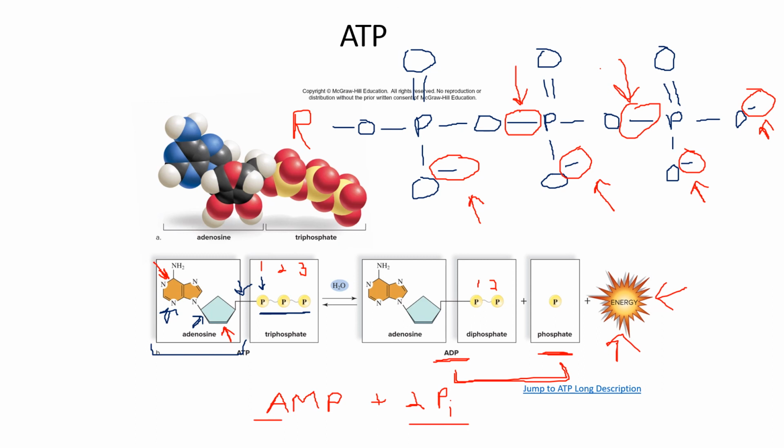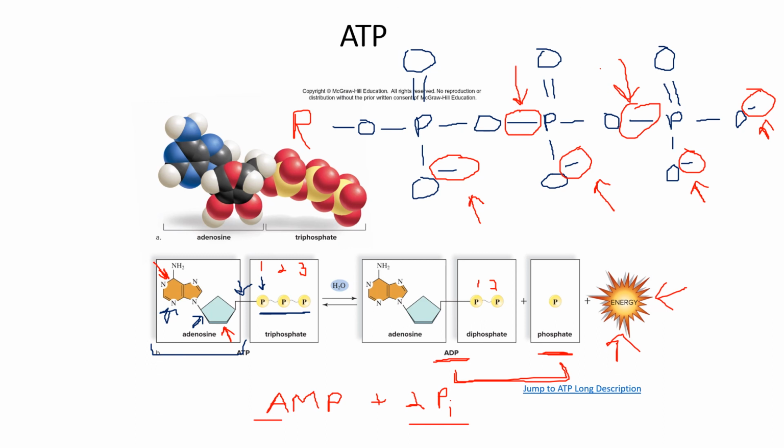So for nucleic acids, know the structure of a nucleotide. Know that nucleotides are the monomers, the building blocks, and nucleic acids are the polymers. Be able to compare RNA with DNA.